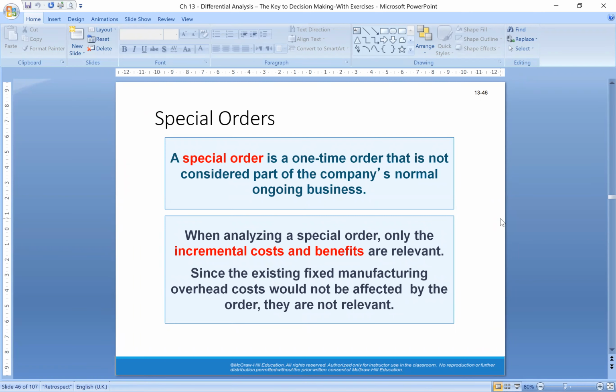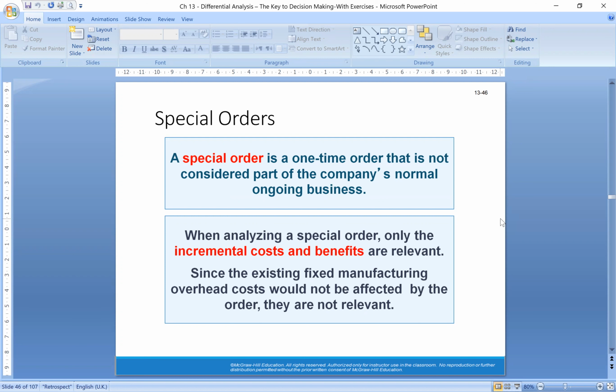When analyzing a special order, only the important word you have to consider, incremental costs or benefits, are relevant. What does incremental mean? Incremental means additional. Additional costs or benefits will be relevant.